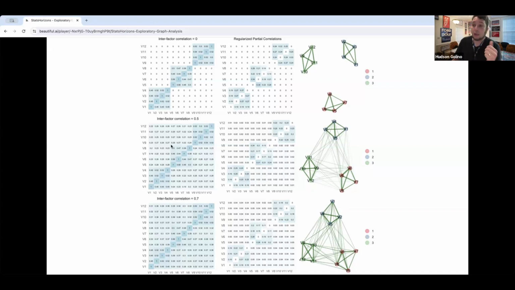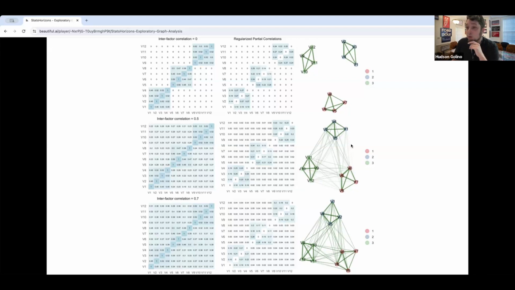When there is correlation between factors and we simulate data, we can see here in the left that it's a little bit difficult to see the number of factors underlying this correlation matrix, but it's very easy to see when we apply the regularized partial correlations, right? We have clearly 3 sets of higher regularized partial correlations in the diagonal compared to the off-diagonal values.